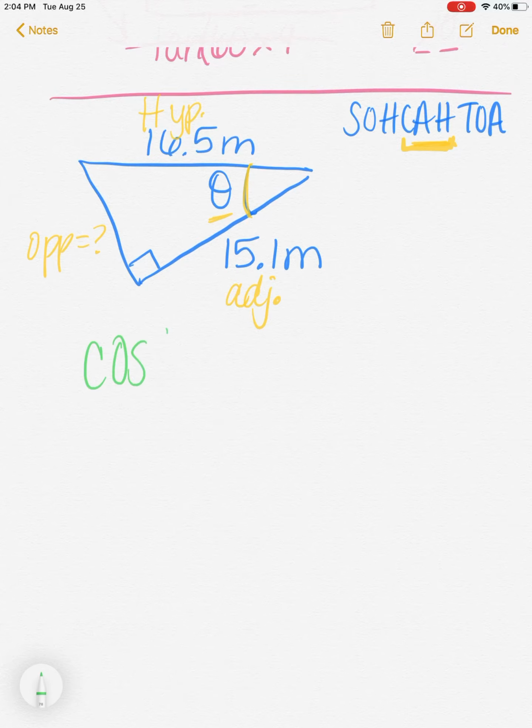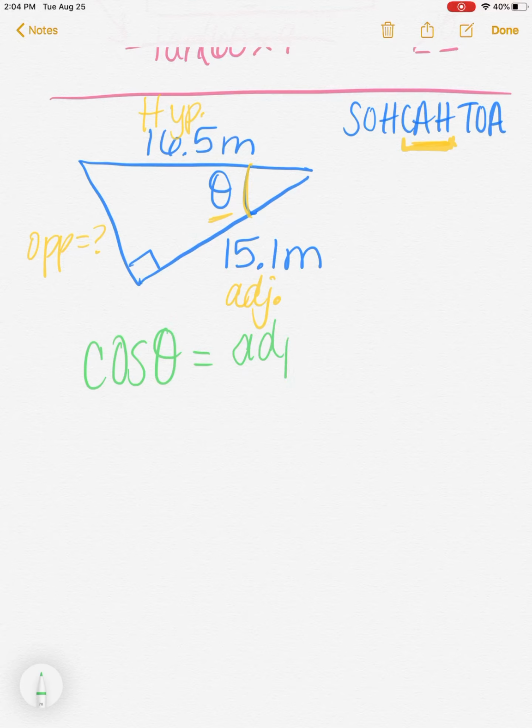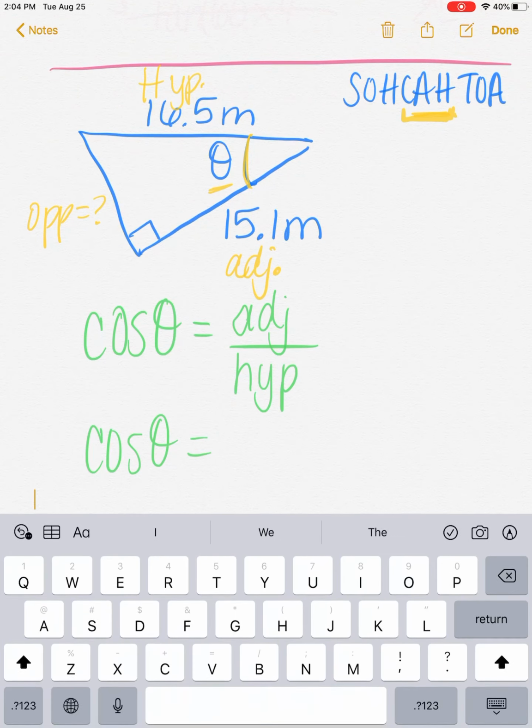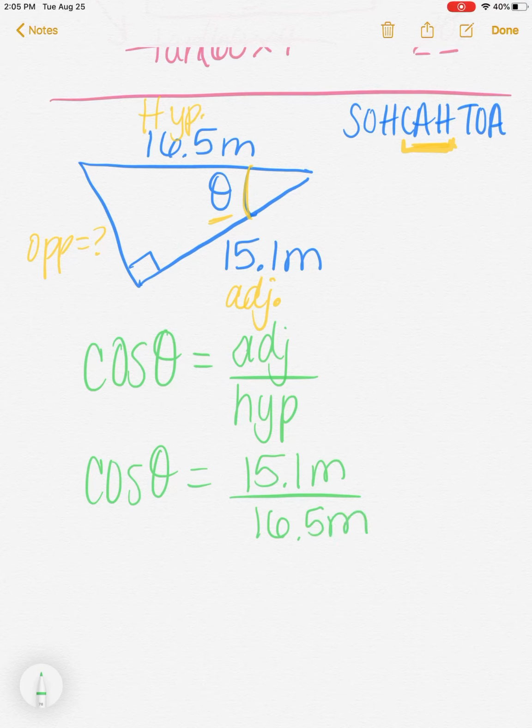So cosine of theta equals the adjacent over the hypotenuse, according to SOHCAHTOA. So cosine of theta, in this case, is going to be, our adjacent side is 15.1 meters, and our hypotenuse is 16.5 meters.